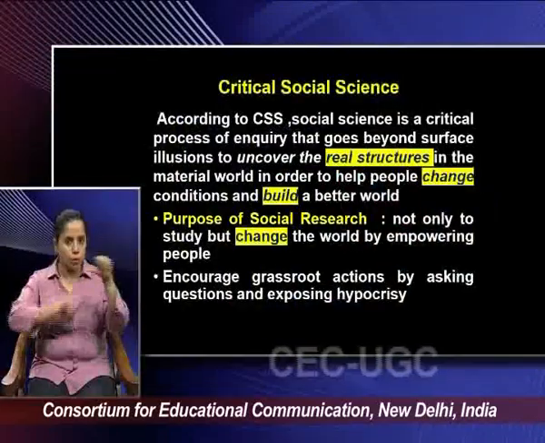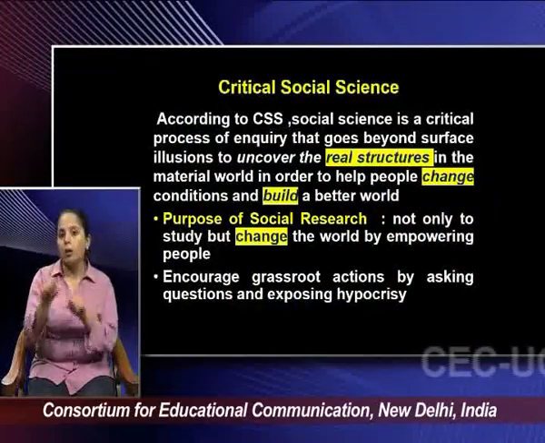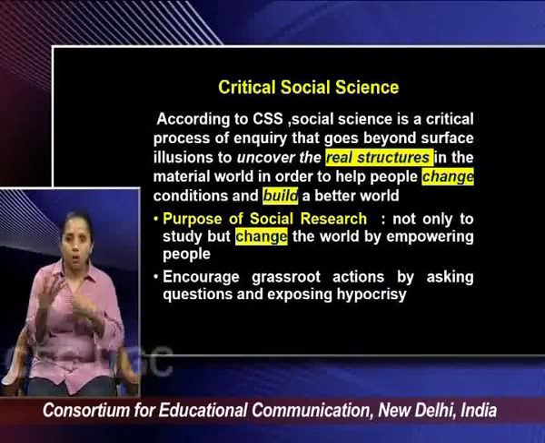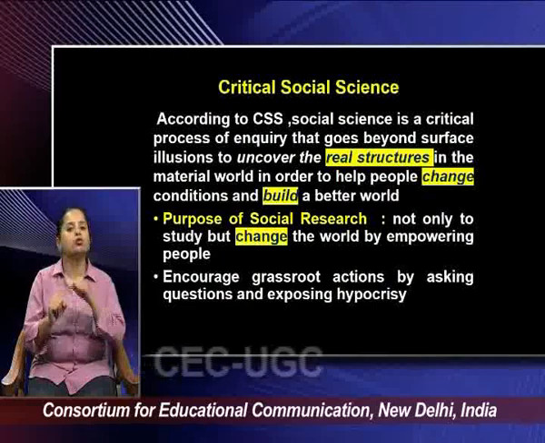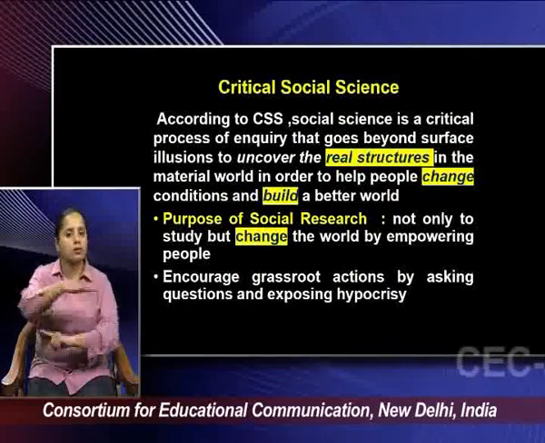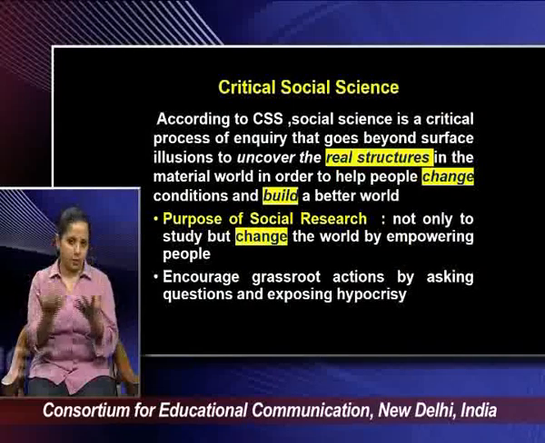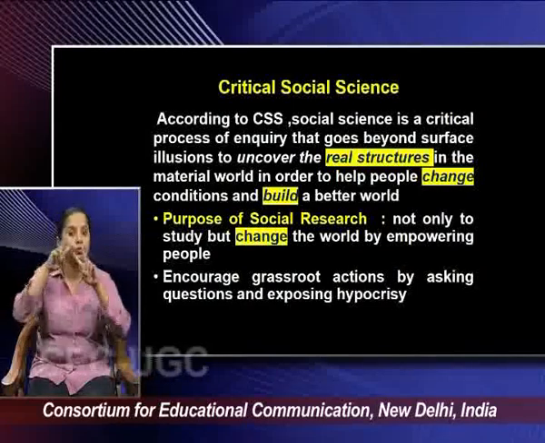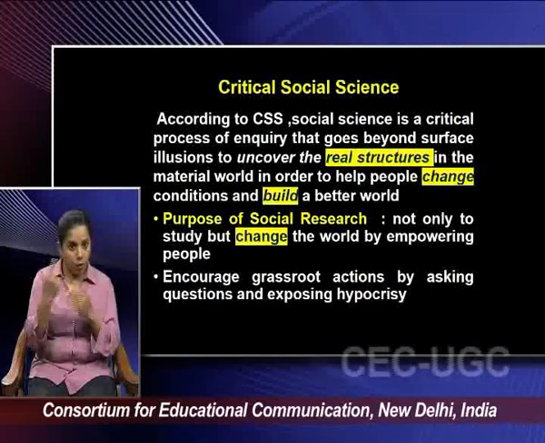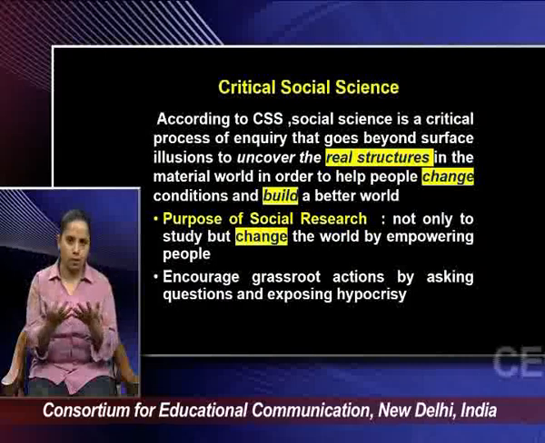According to critical social science, it is a critical process of inquiry that goes beyond surface illusions to uncover the real structures in the material world in order to help people change conditions and build a better world. The purpose of social research, according to critical social science, should not only be to study but to change the world by empowering people.